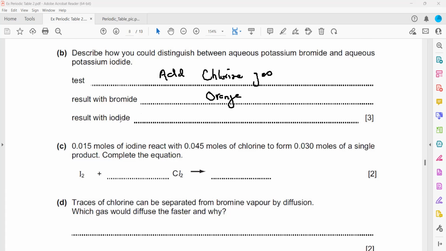And when iodine is there, because when you add chlorine to potassium iodide, it will form iodine, and iodine is brown or yellow in color. This is one way. Or you can also add bromine to both of them.